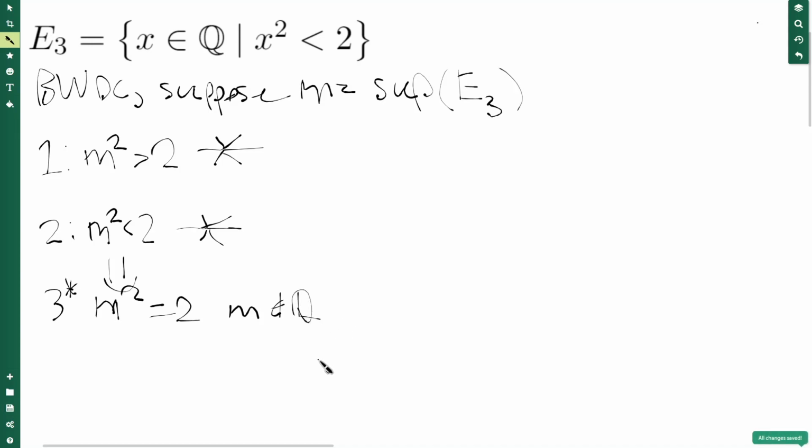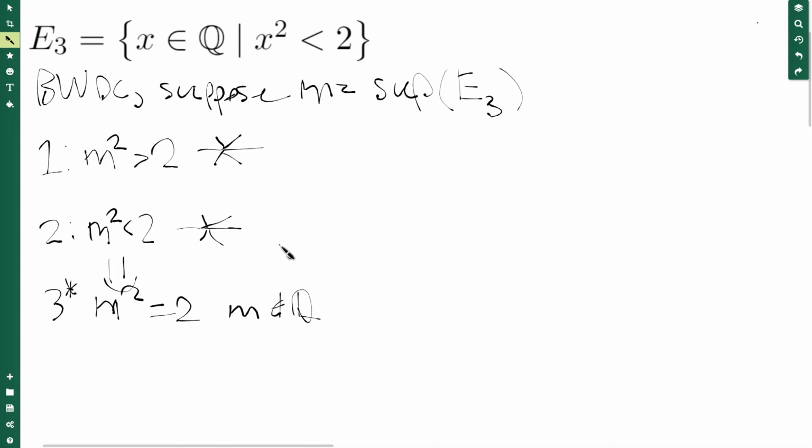Obviously that's a problem, since we're working with rational numbers. And if you've taken algebra, you'll know that this is plus or minus root 2, right? But again, we're defining the real numbers, so we can't use that notation quite yet.